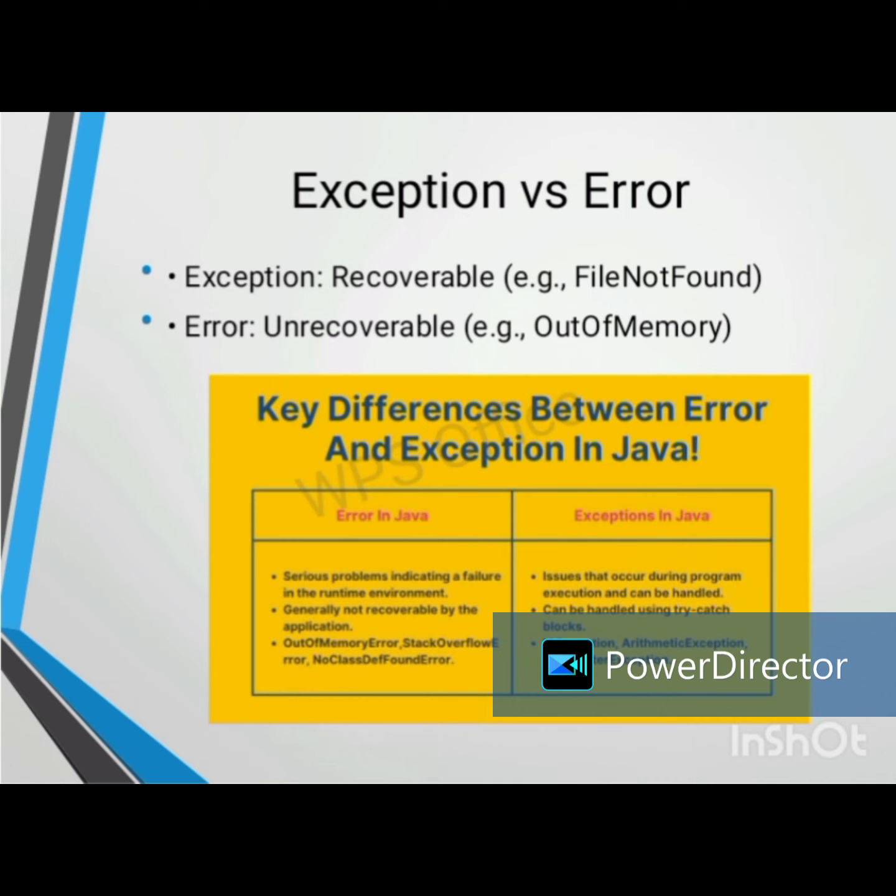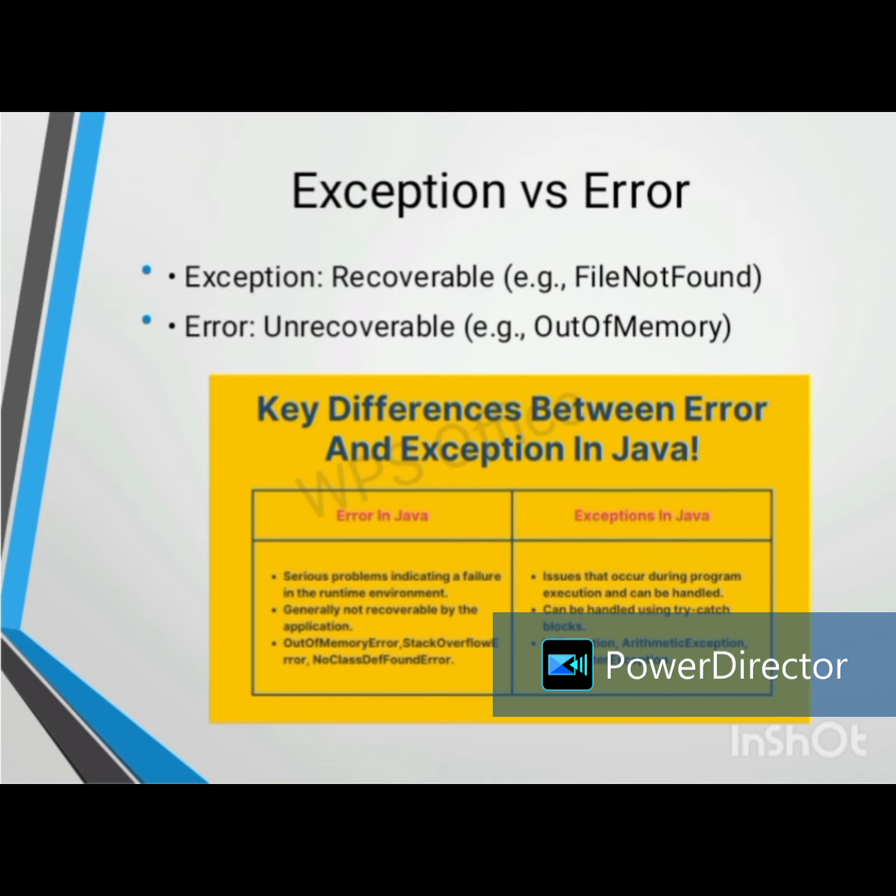Common checked exceptions include IOException, SQLException, and ClassNotFoundException. For example, when you are reading from a file using FileReader, the compiler will warn you that IOException might be thrown. If you don't handle it, your code won't compile. Those are recoverable exception situations that you can often anticipate and manage.